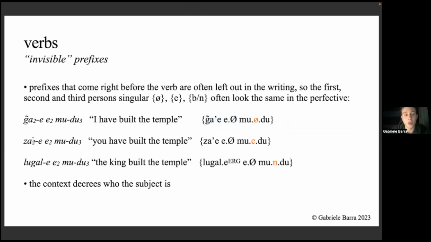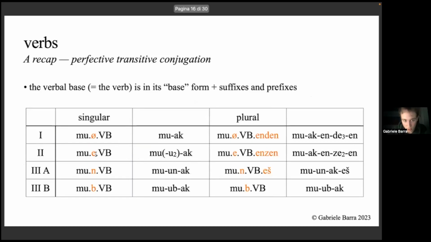But then you have the second person, zai, you, the temple, mudu, you have built the temple. However, here we should see an a, but we don't see it in the writing. So how do we know it's in the second person? In this case, we just look at the subject, so you. And why is that, you may ask?